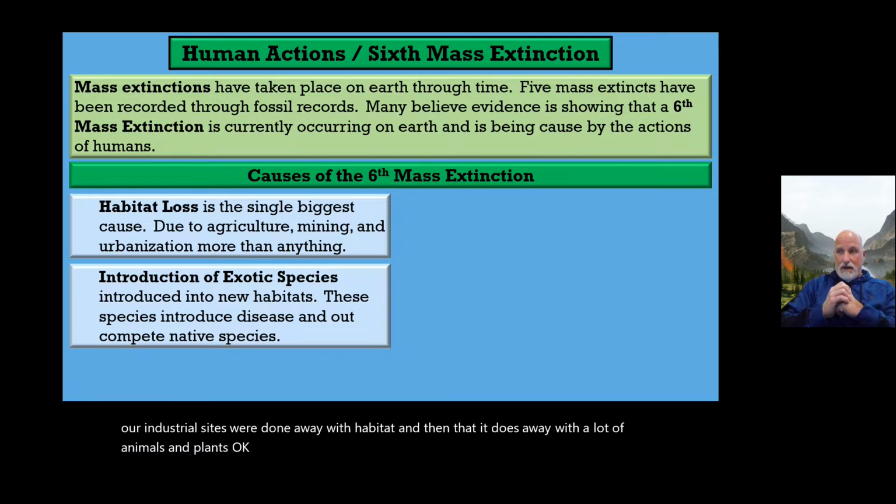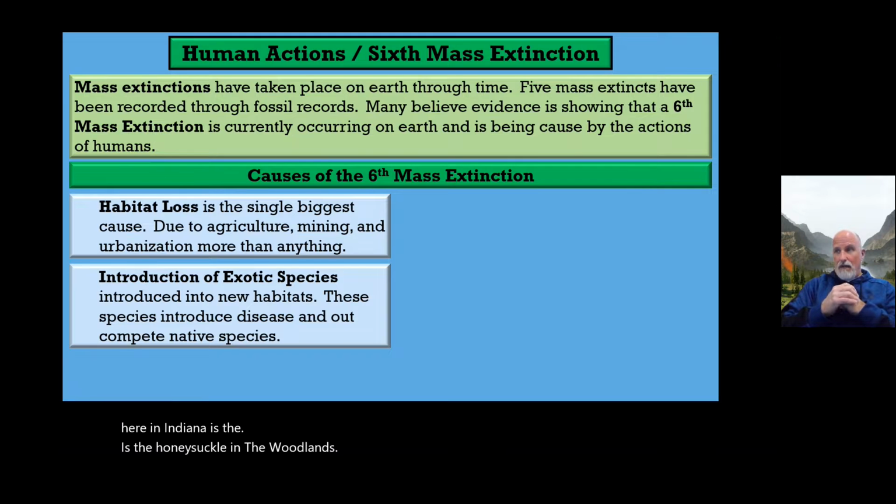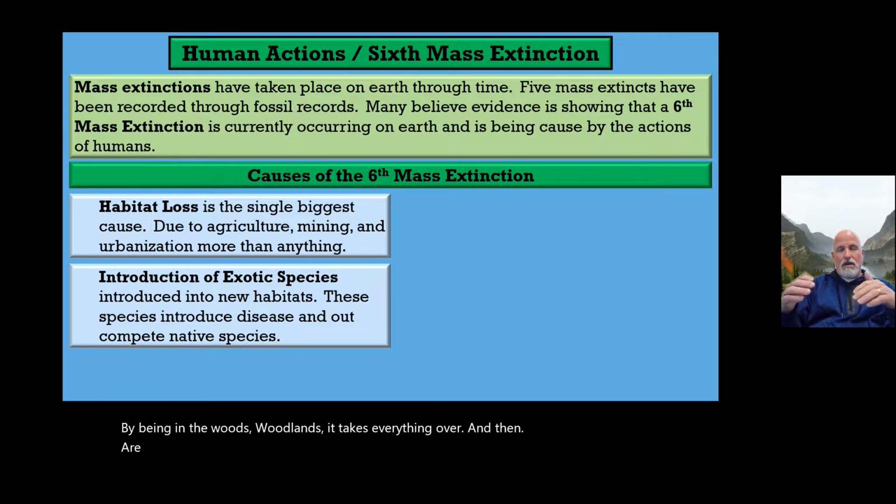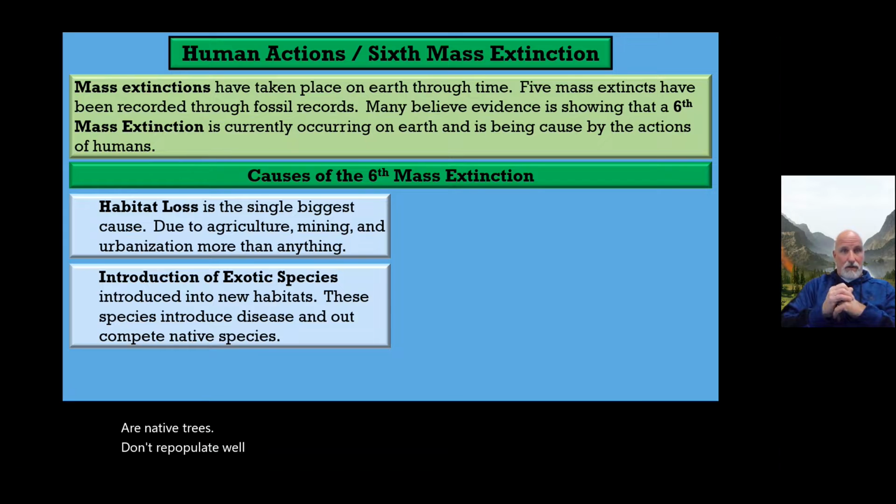Okay, introduction of exotic species. The big one around here in Indiana is the honeysuckle in the woodlands. By it being in the woods and woodlands, it takes everything over, and then our native trees don't repopulate well, because of the competition with it.